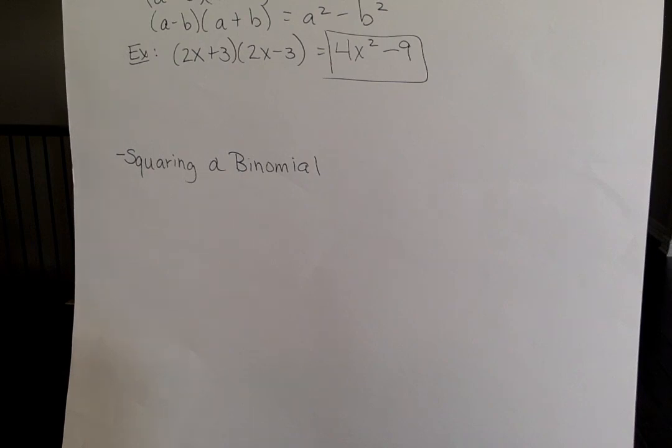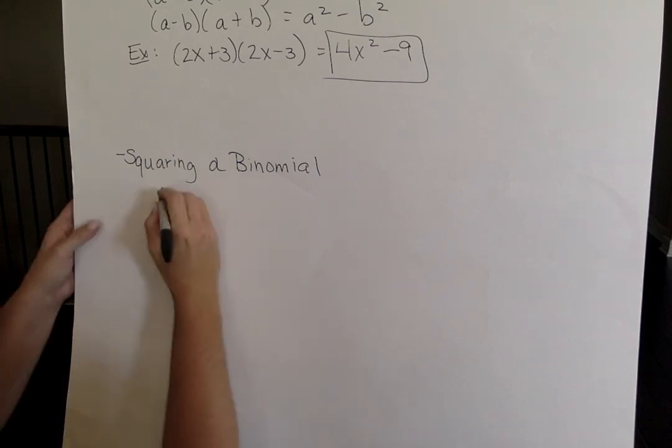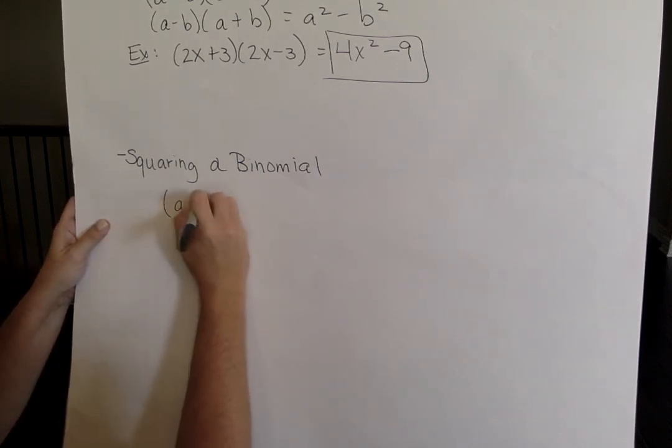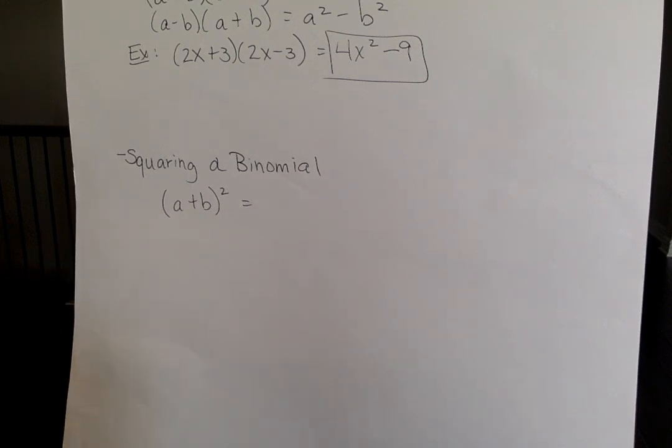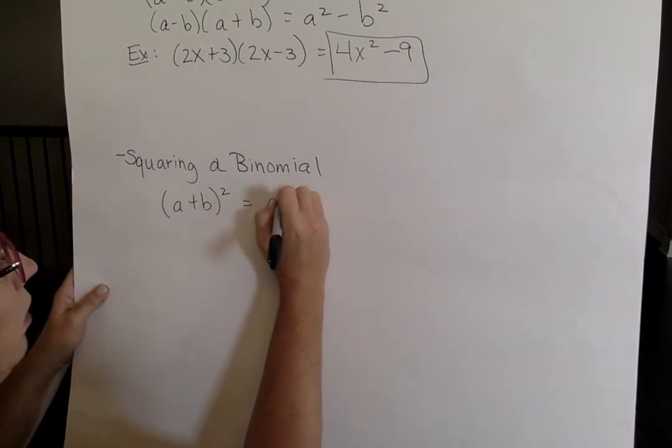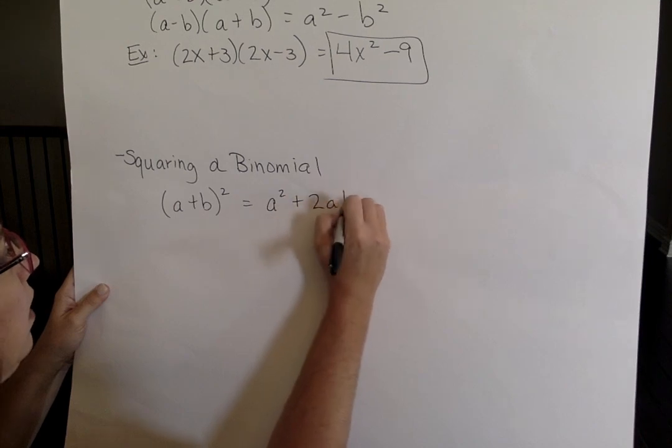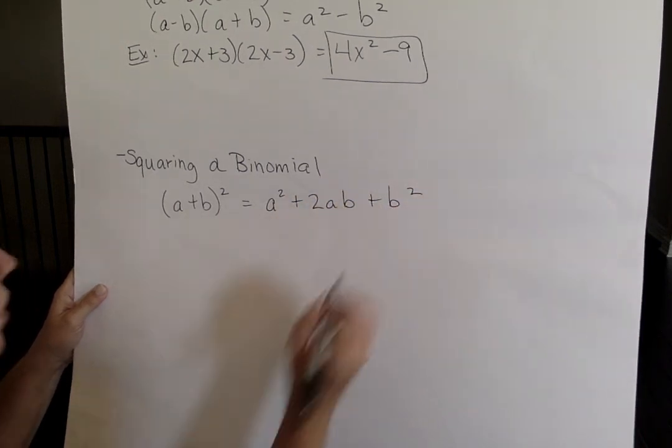All right, next, on squaring a binomial. We have a couple of different, I hate to call them formulas, but that's sort of what they are. So a plus b squared is a squared plus 2ab plus b squared.